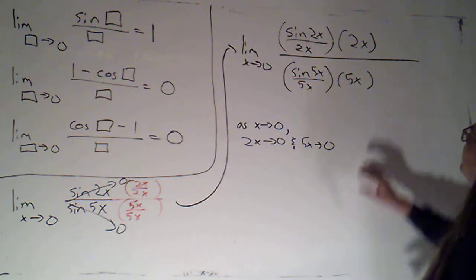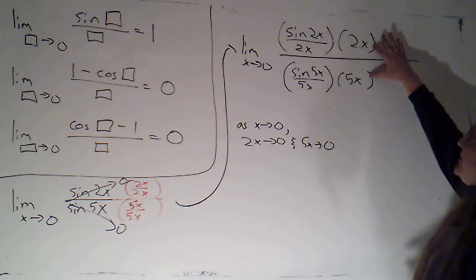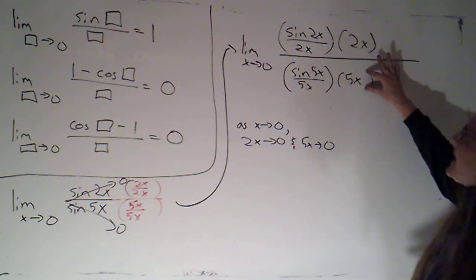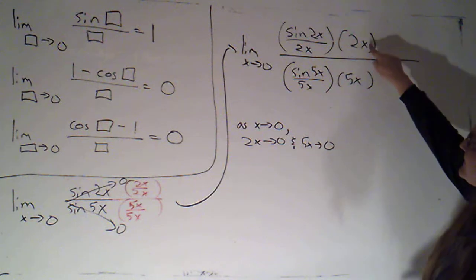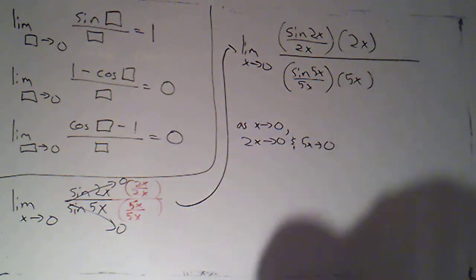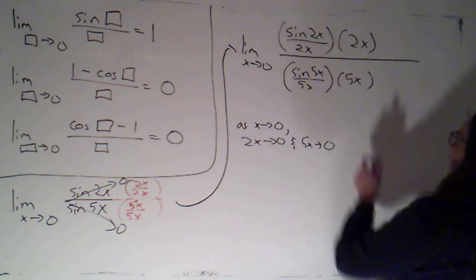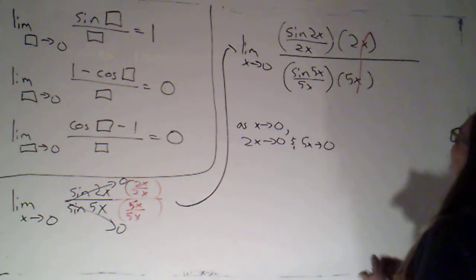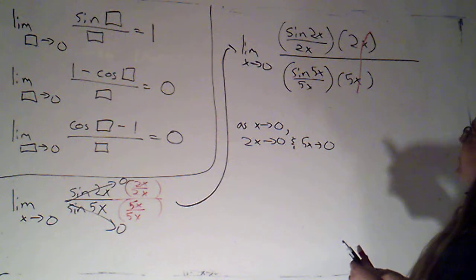Okay. Now this is a little bit tricky because 2x is going to 0 and so is 5x. But notice that extra x on top and that extra x on bottom, I can just cancel. The 2 and the 5 are just constants.